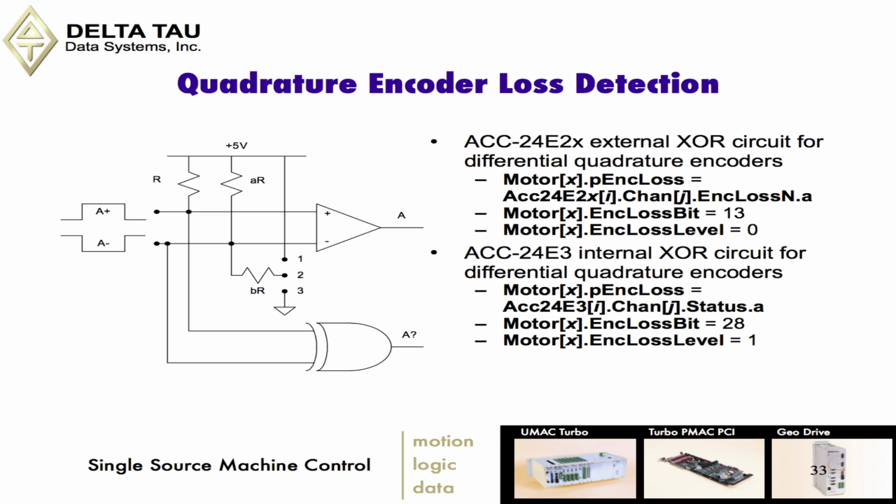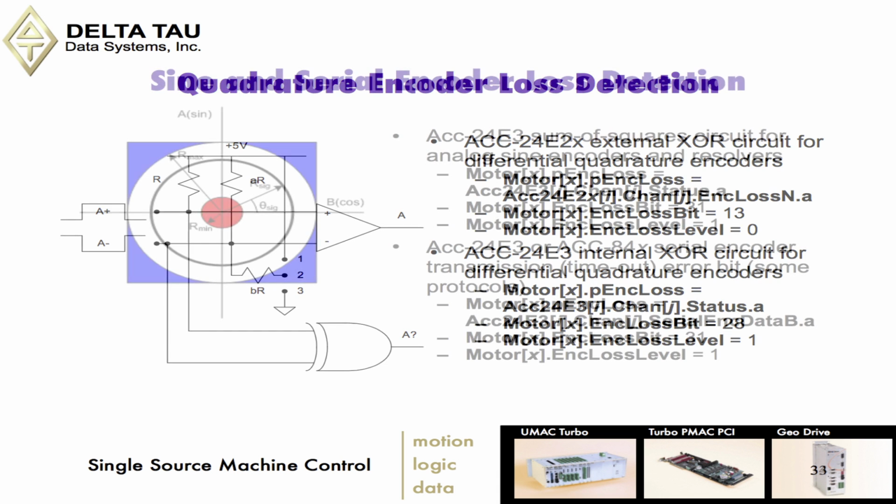So there can be some very old PMAC 2 style accessories that don't have the encoder loss. Pretty much all of the PMAC 2 style accessories that I can think of off the top of my head have the ability to do encoder loss. It does require that you have differential quadrature inputs though. You have to have the differential inputs in order to utilize this, so it can't be done off of single-ended.